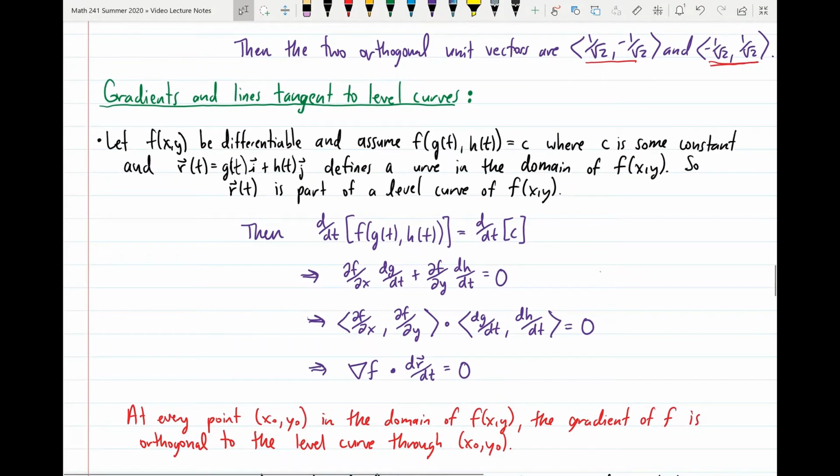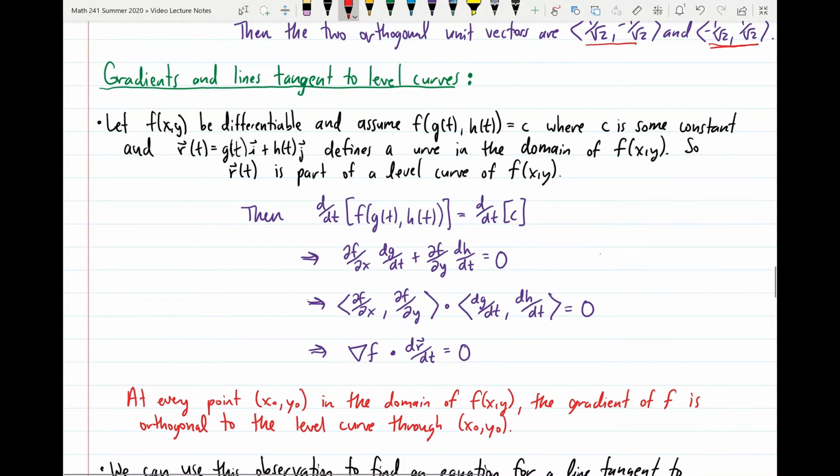So let f of x, y be some differentiable function and assume that f of g of t, h of t is equal to c for some constant c. In particular, g of t, h of t are the components of a curve, given by r here, in the domain of f of x, y.